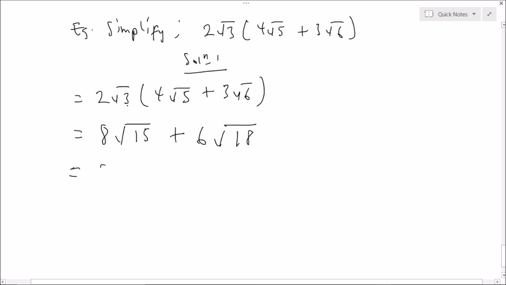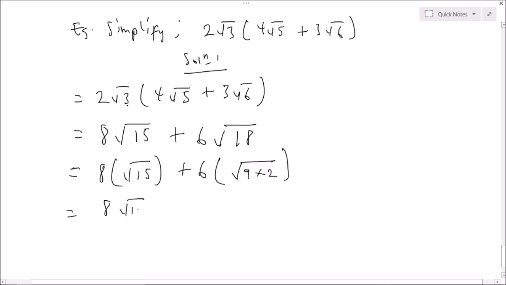This will give us 8 root 15 plus 6 bracket, the root 18 is the same as root of 9 times 2. This will give us 8 root 15 plus 6 bracket. We know this is the same as root of 9 times root of 2.